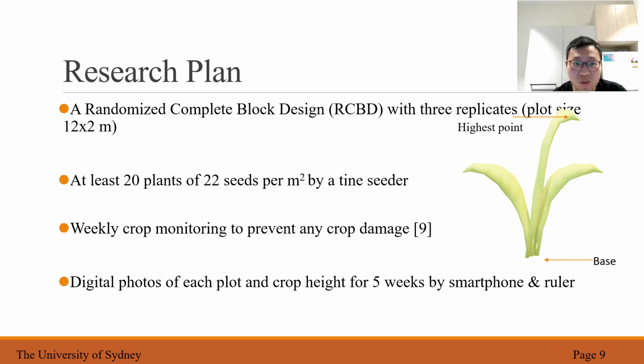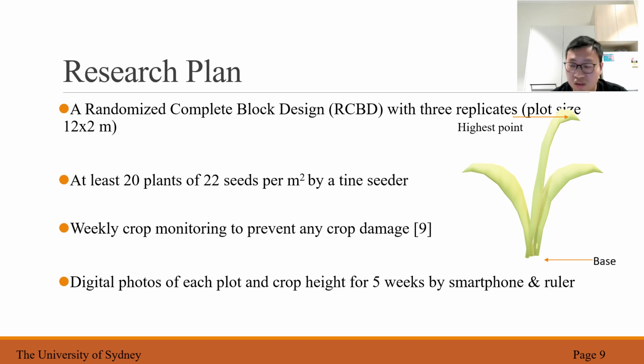More importantly, weekly crop monitoring should be done to avoid fungal disease and insects and pests. To prevent any crop damage, the most important part in the experiment is to take digital photos of each plot and record the crop height for 5 weeks by using a smartphone and a ruler.